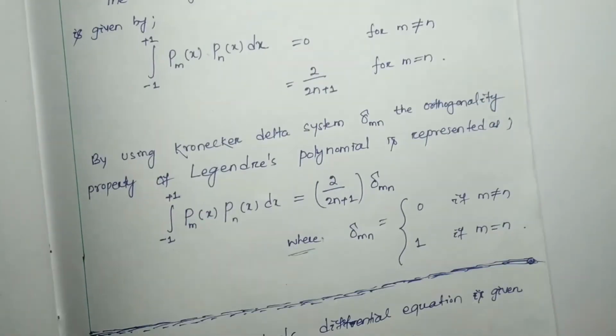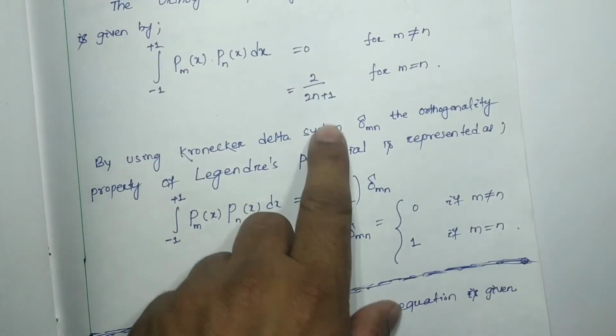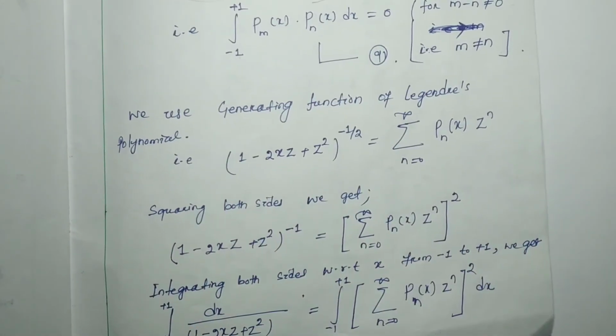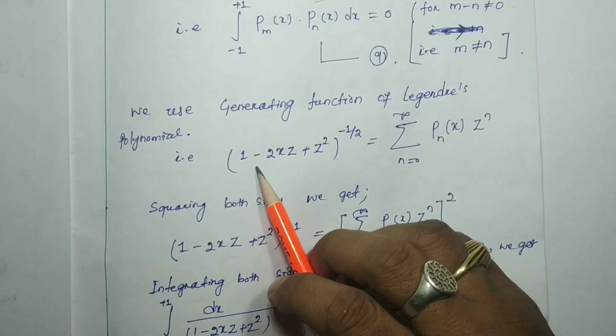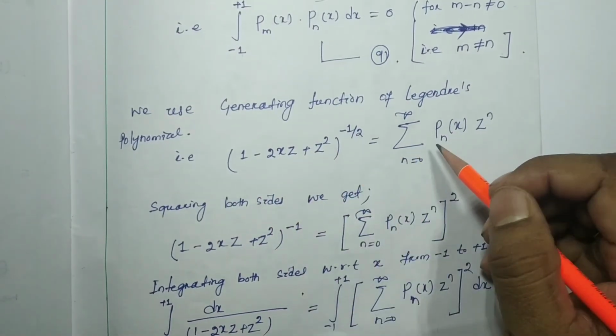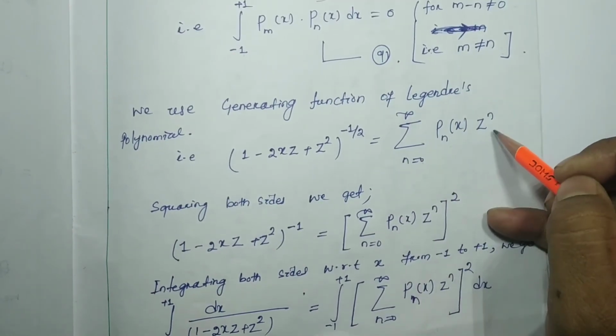and the second one, that means for m equal to n it will be 2 by 2n plus 1, that we are going to find out by using the generating function of Legendre's polynomial. We know that the generating function of Legendre's polynomial is 1 minus 2xz plus z square to the power minus 1 by 2 equal to summation over n from 0 to infinity pn x into z to the power n.